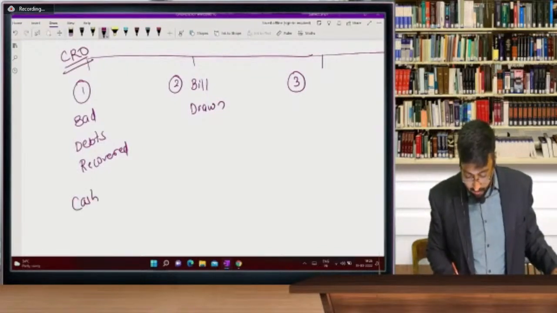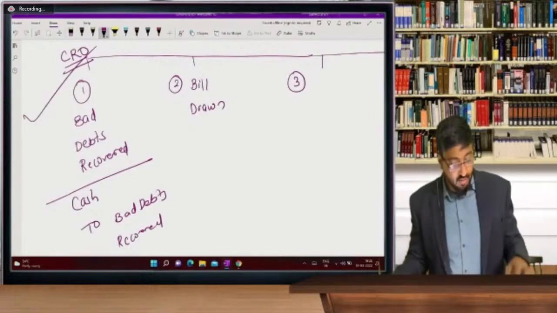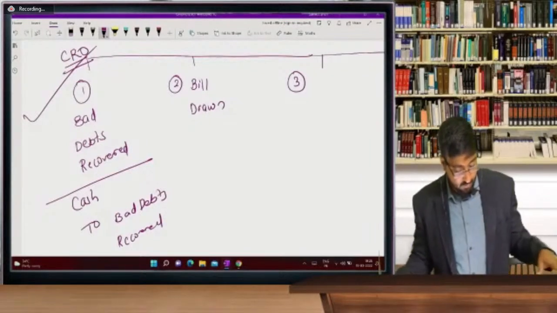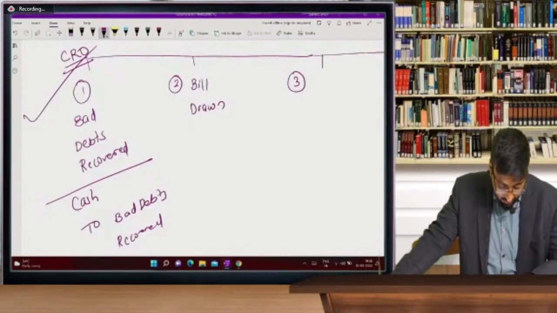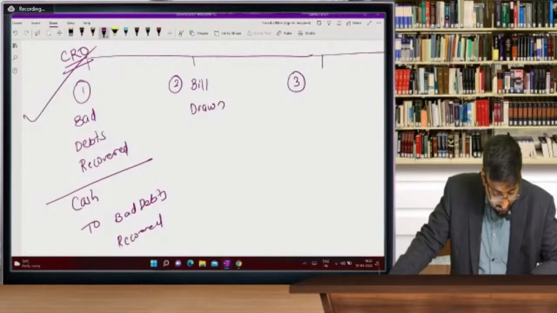Cash account debit to bad debts recovered. Cash to bad debts recovered. And bill drawn. Who answers second entry?